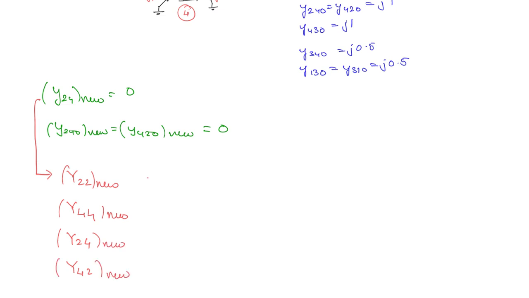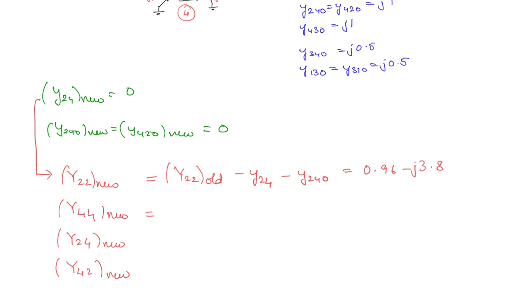So now if you take all the new values, okay, Y22 new is going to be Y22 old, whatever the previous value was, minus y24, because there is no transmission line, and minus y240, only that part of the shunt admittance which is associated with the transmission line between 2 and 4, not the entire Y22. Okay, so if you subtract, you are going to get 0.96 minus j3.8.